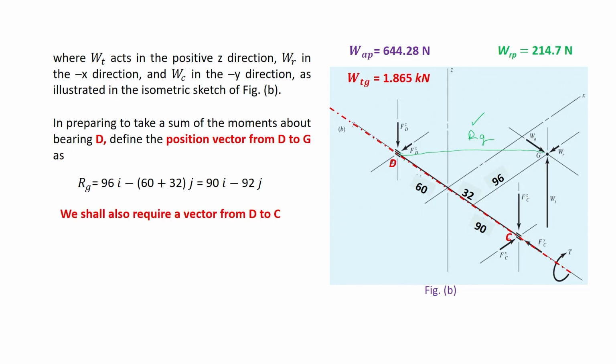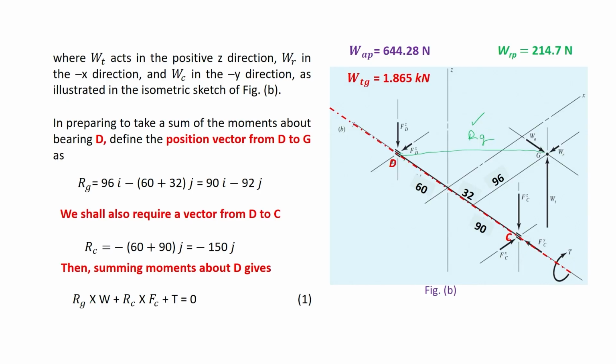We shall also require a vector from D to C, and this vector Rc is minus 60 plus 90 j along the y direction, so it is minus 150 j.